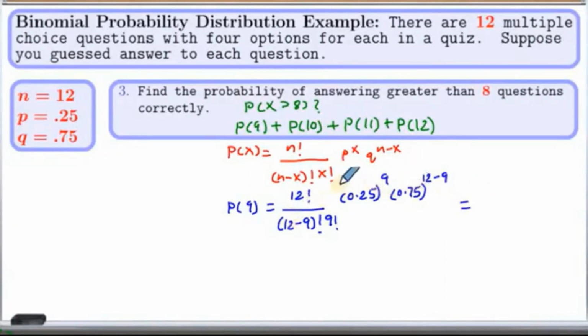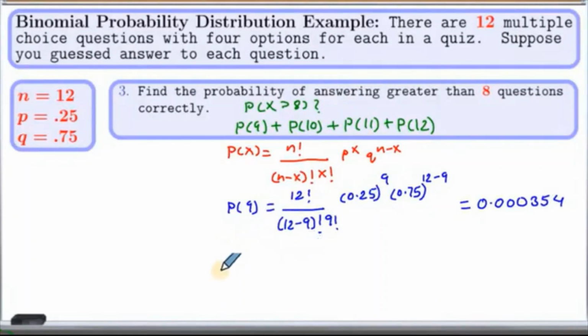Now, all we need to do is put these numbers in a calculator, and doing that, I get 0.000354.